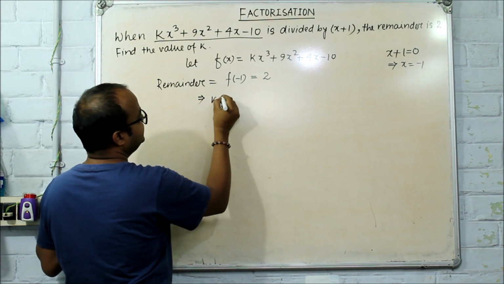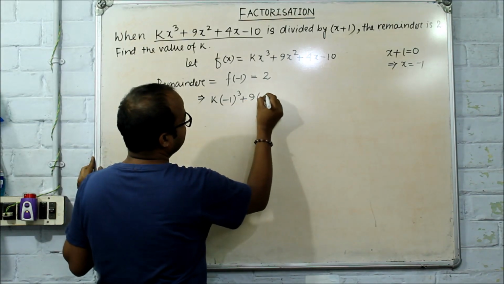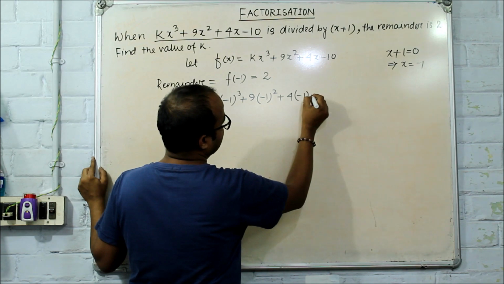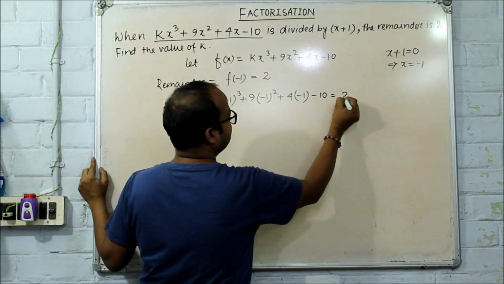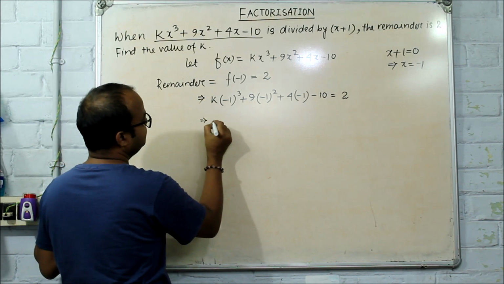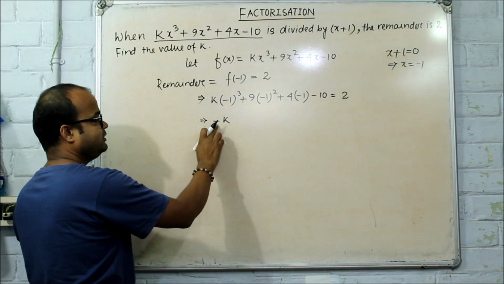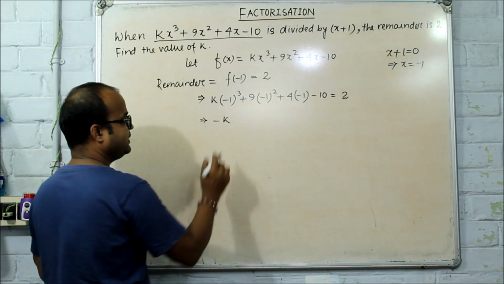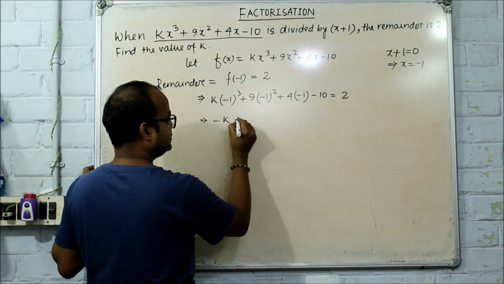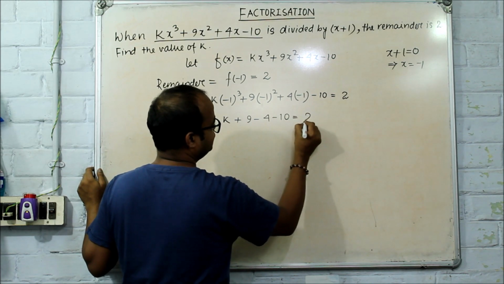So k into (minus 1) cube plus 9 into (minus 1) square plus 4 into minus 1 minus 10 is equal to 2. Clear? So this will be equal to minus k. Minus 1 cube means minus 1. Minus 1 multiplied by k is minus 1 k. Minus 1 square means 1. So plus 9 minus 4 minus 10 is equal to 2.